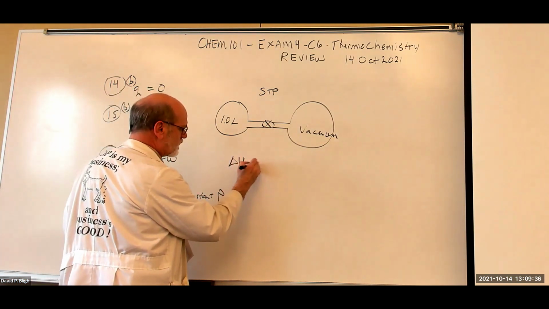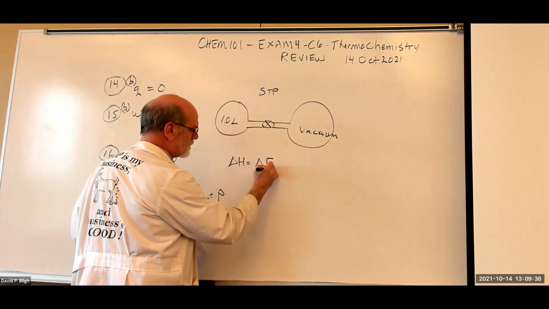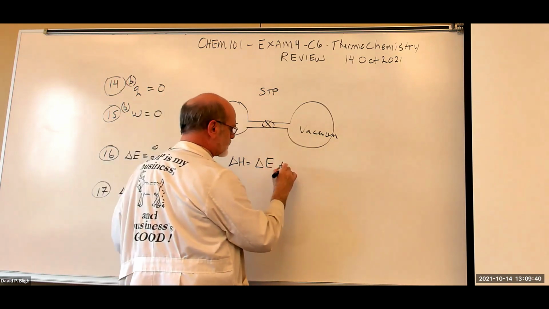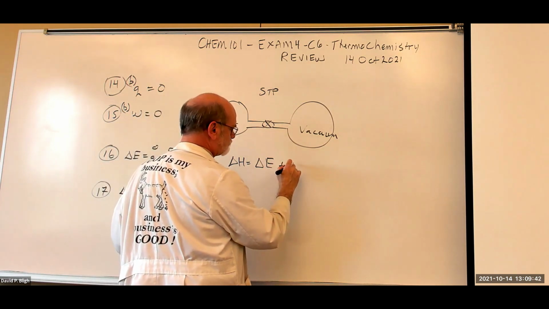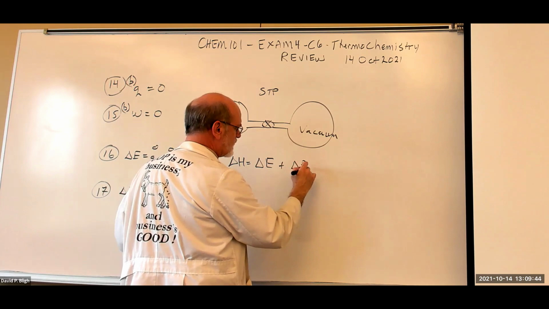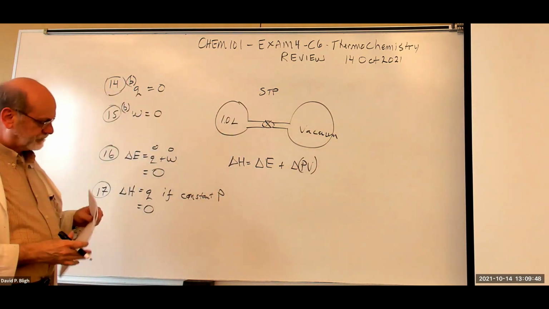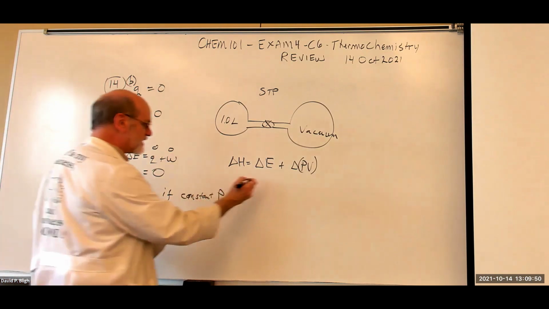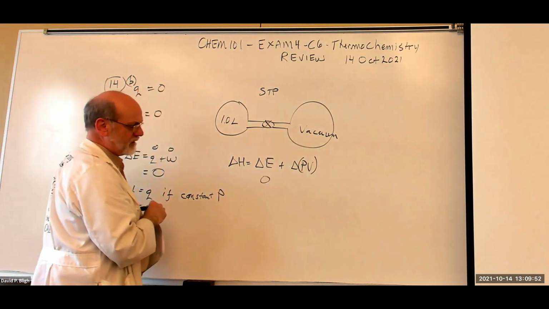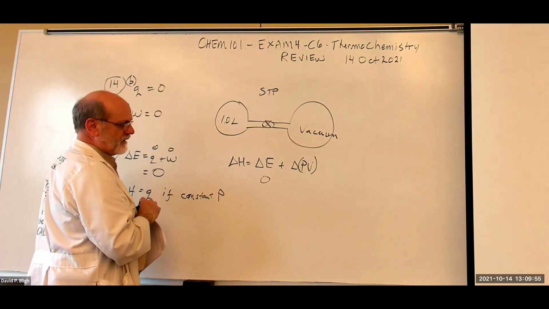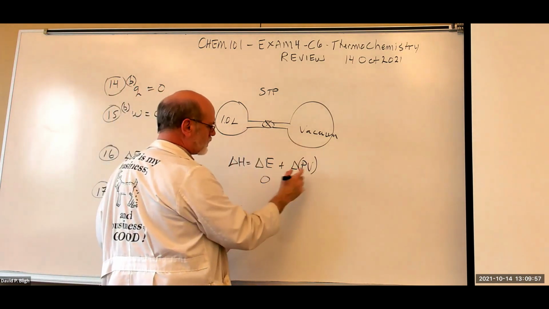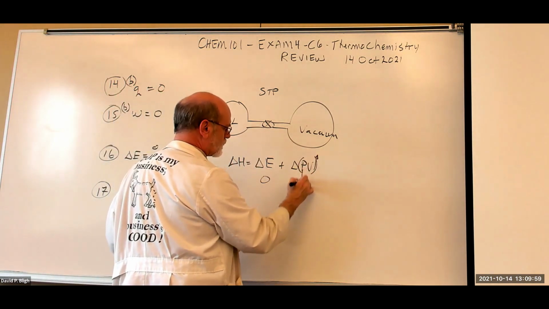Delta H equals delta E plus delta PV, right? I think that was it. So if delta E is zero, the volume increases, pressure goes down.